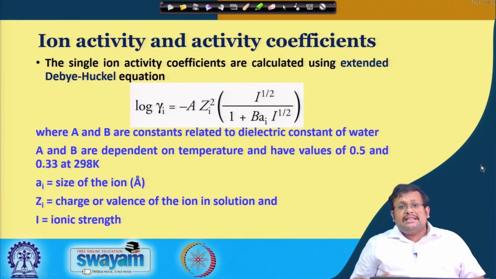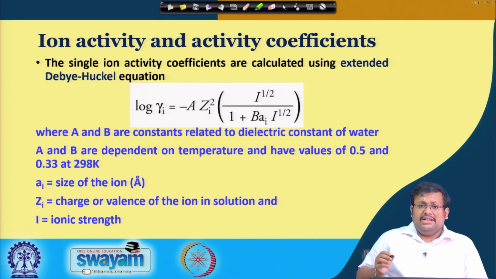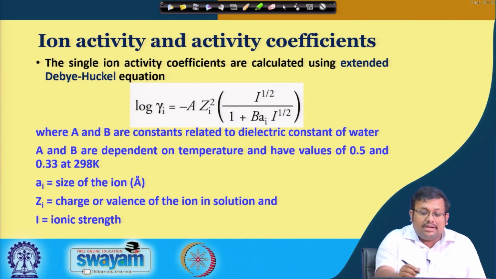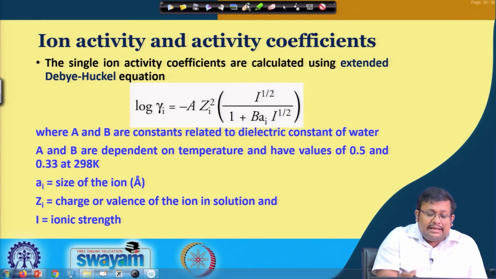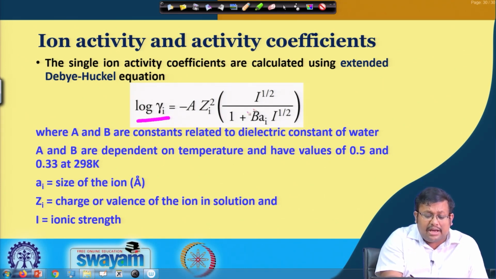So, let us consider another important thing, that is ion activity and activity coefficients. The single ion activity coefficients are calculated using the extended Debye-Hückel equation, where the log of the activity coefficient is equal to minus A Zi squared I to the power half, divided by 1 plus B ai I to the power half.